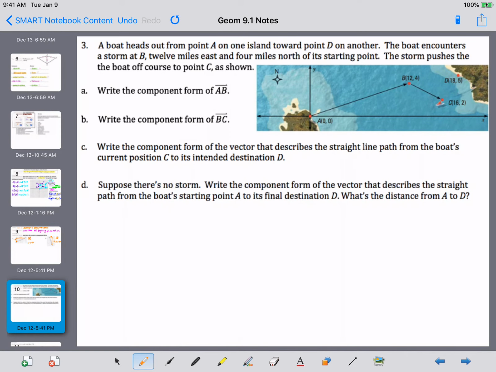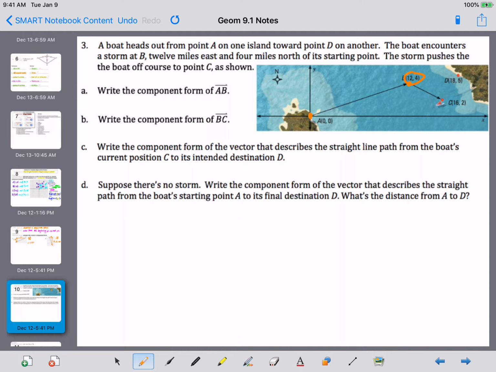Okay, and vectors are very useful. They use them a lot in navigation just because it's easier to tell you how you get from A to B. So let's look at this example. A boat heads out from point A on one island towards point D on another. So we've got this point A at (0, 0), and then they go to B here at (12, 4). The boat encounters a storm at that point, 12 miles east and 4 miles north of the starting point.